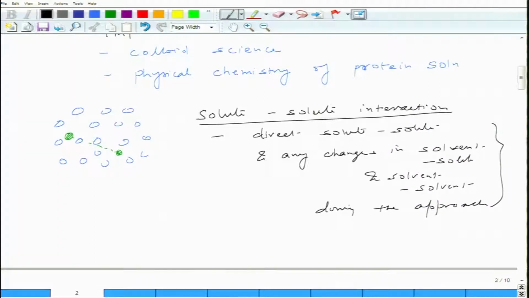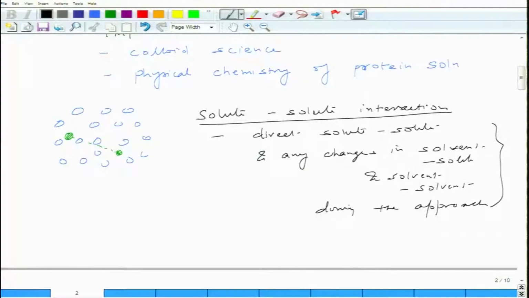Now let us consider a case where you have solutes which are attractive to each other in vacuum. When you bring them closer, this can be represented by a simple Lennard-Jones potential, which has a minimum, meaning that another solute will try to approach to the minimum value. Now consider the same solute in solvent.